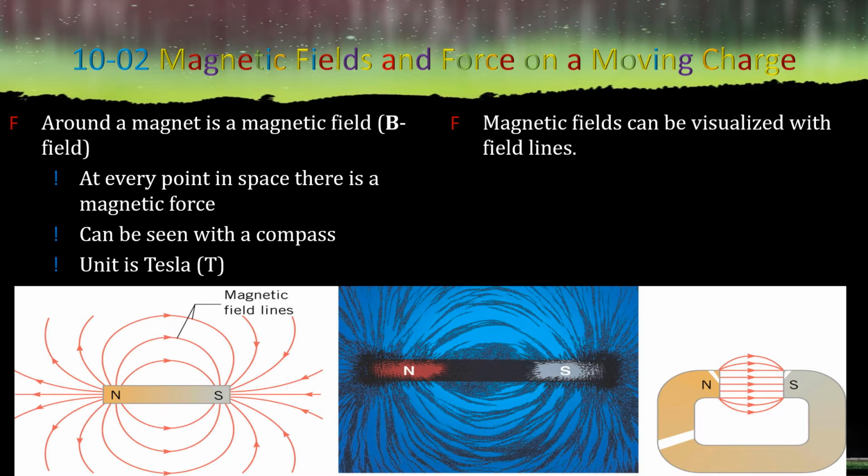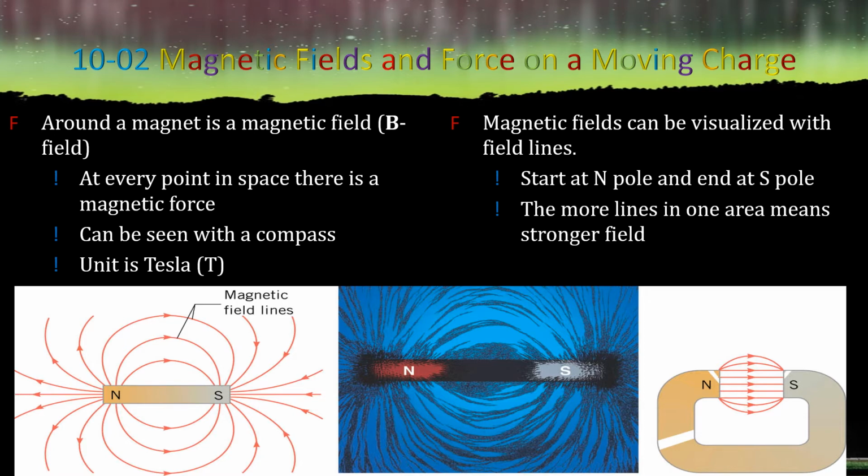This is a software visualization of the north and south poles. Magnetic field lines start at the north pole and end at the south pole. The more lines in one area, the stronger the field, just like electric lines of force.